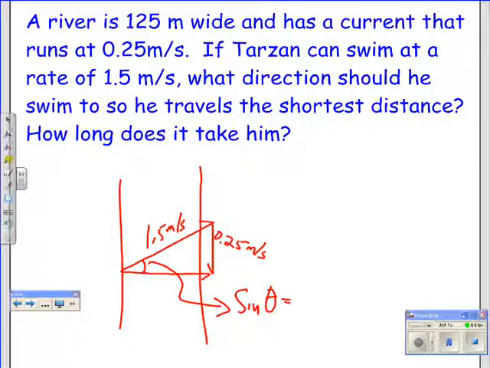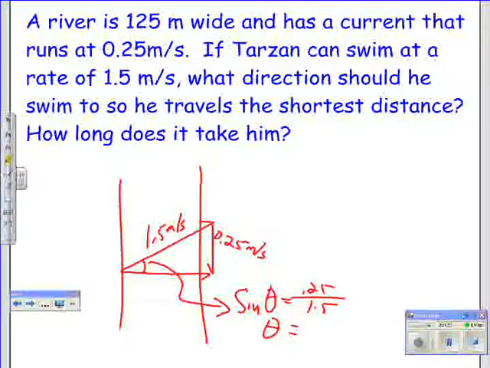Sine of my angle is opposite 0.25 over the hypotenuse of 1.5. What do you get? About 10 degrees? Anyone else get that? We'll call it 10 degrees. So he's about 10 degrees upstream.